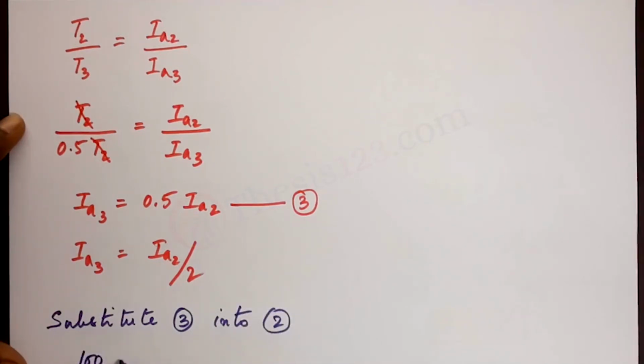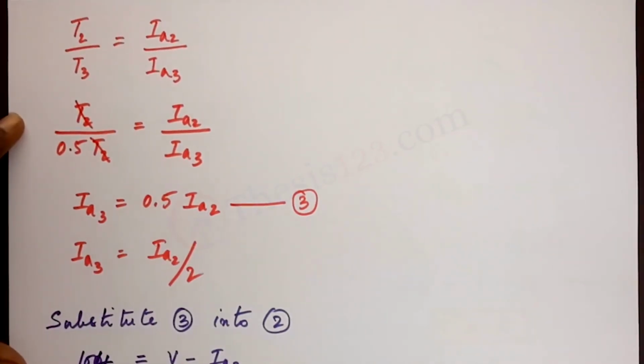So we would now have 100, oh, that's 104, sorry, my bad. Okay, 104 is equal to V minus IA3. This is our second equation. So now when we substitute, 104 is equal to V minus 0.5 IA2. Let's call this equation 4.